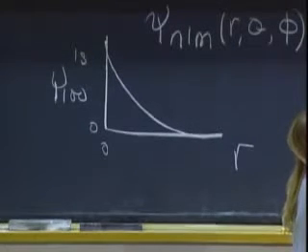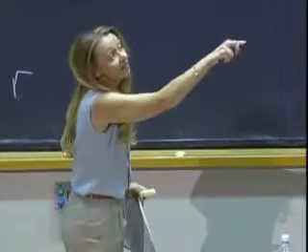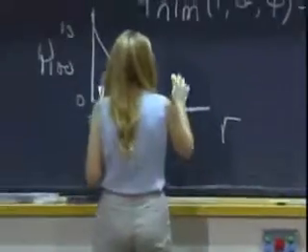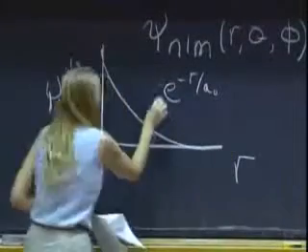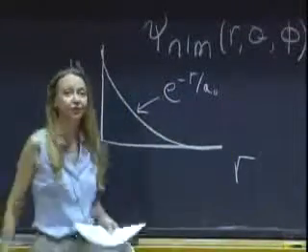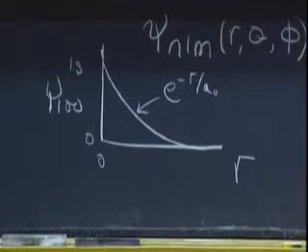Well, you have all this stuff, but that's just a constant. And the only thing you have is an e to the minus r over a naught dependence, right? It's an exponential decay, e to the minus r over a naught. That's what gives you this exponential drop in the wave function. What this says is that the wave function at all values of r has a positive value.